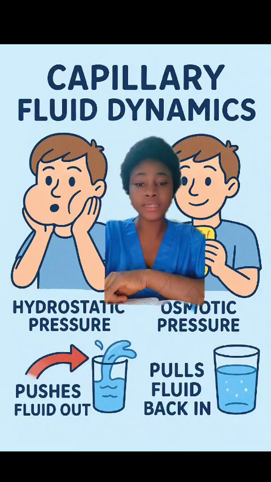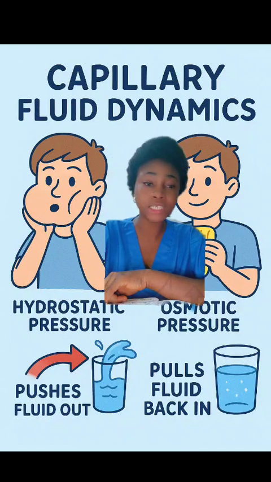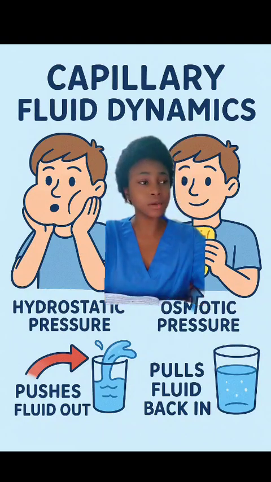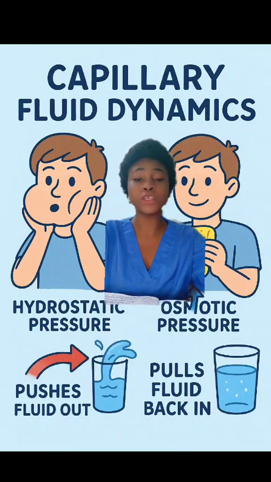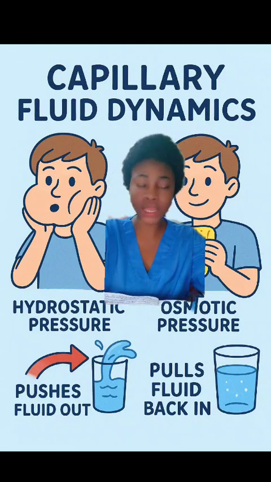And we all know that the tunica externa is the outer part, and it's mostly made up of collagen and connective tissue components, which serve as strength and protect the blood vessel. The middle is made up of variable amounts of smooth muscle and elastic tissue, which helps the blood vessel withstand the pressure of the blood coming from the heart.